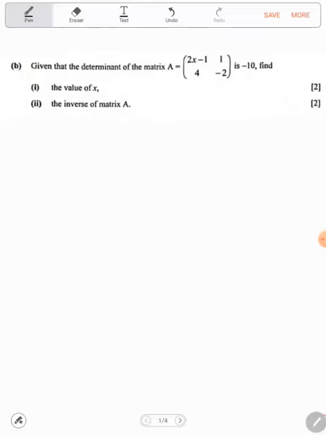Then the final answer: this can be divided. 2 into 2, 1; 2 into 10, 5. Negative and negative, they cancel. We have 1 over 10. Negative, negative, they cancel. 2 into 4, 2; 2 into 10, 5. Here we can't divide anything, so just leave it the way it is. And this is your answer.